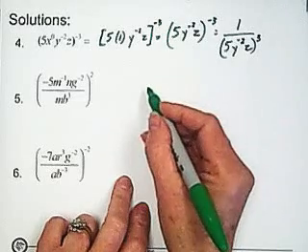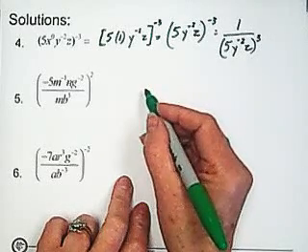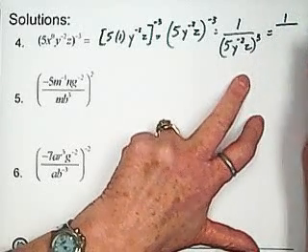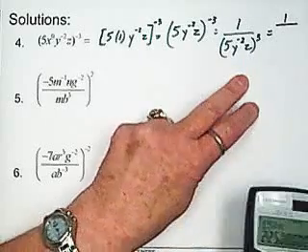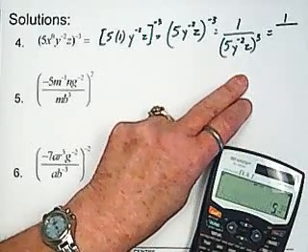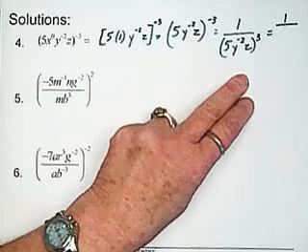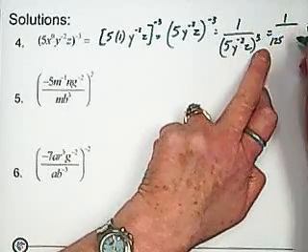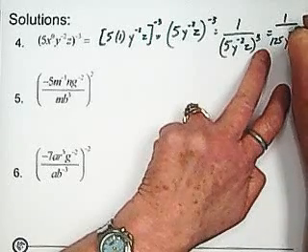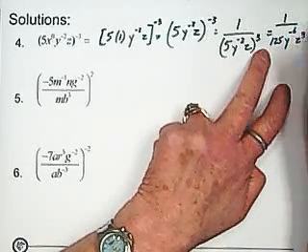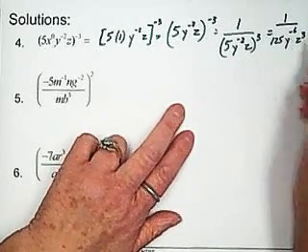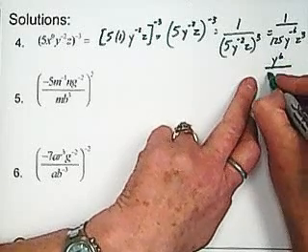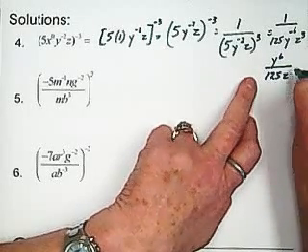This becomes 1 over 5 cubed, which is 125, and we have y to the minus 6 z cubed. So our y to the minus 6 goes up into the numerator, and we end up with y to the 6 over 125 z cubed.